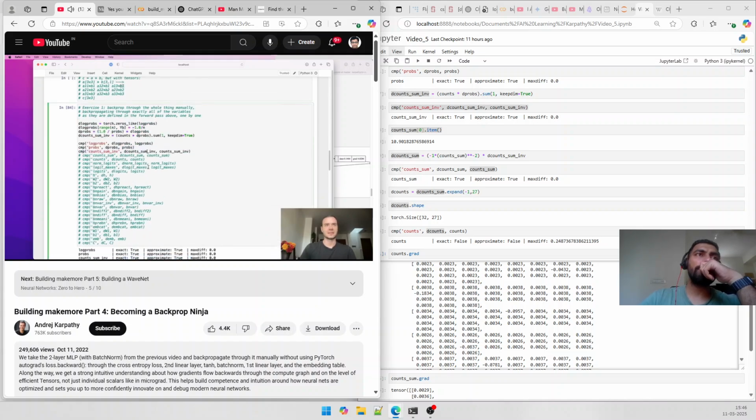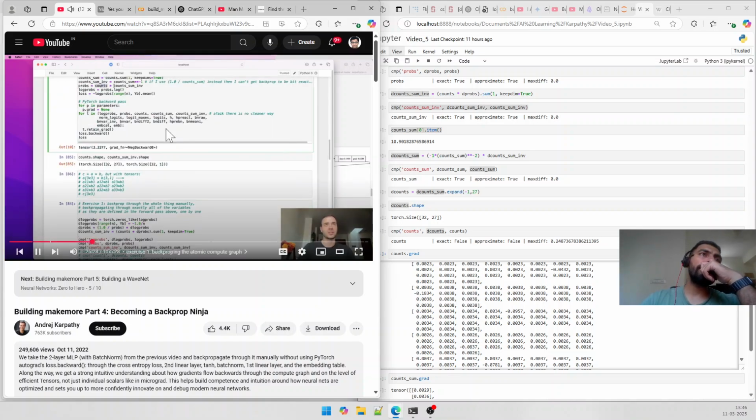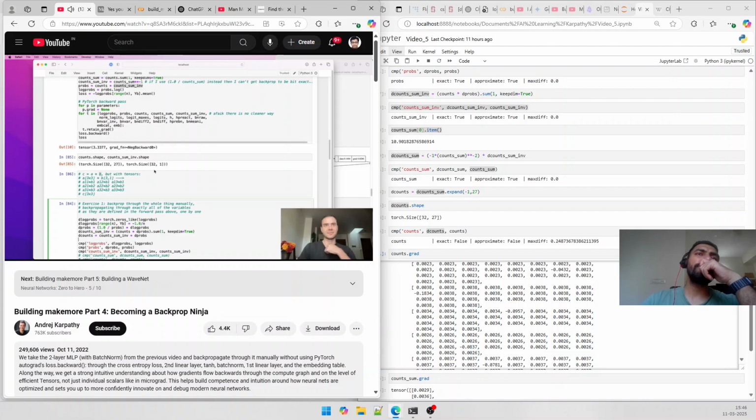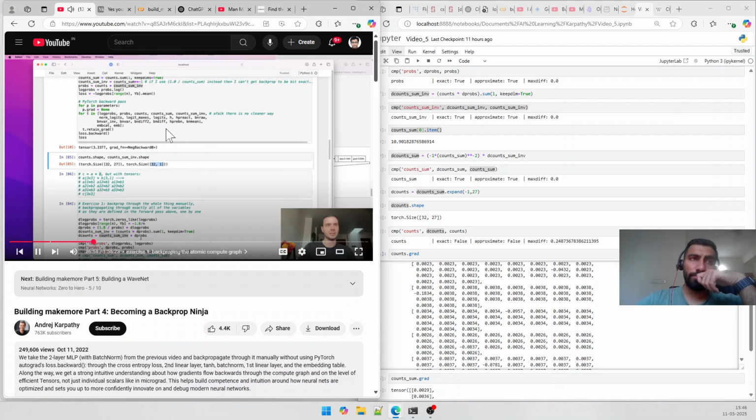So this derivative is exactly correct. Counts, which is the other variable here to create props, will be, so therefore it's count sum inf is 32 by 1, dprobs is 32 by 27. So those will broadcast fine and will give us dcounts. There's no additional summation required here. There will be a broadcasting that does dcount. Now count sum inf is 32 by 1.